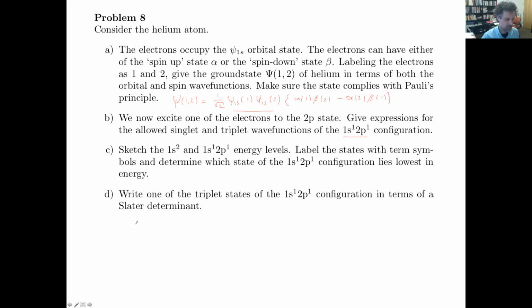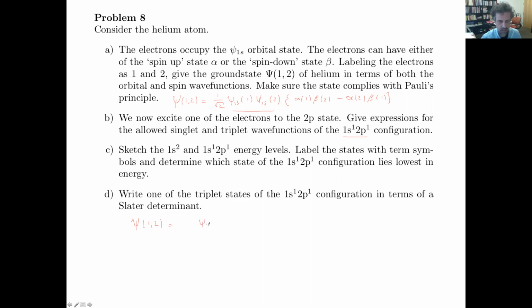Okay, so I'm going to start with the singlet wave function. What I know about the singlet is that the spin state is going to be antisymmetric. That means that the orbital state must be symmetric. And since I have two different orbitals that partake, namely a 1s and a 2p, I have to find the symmetric combination of these two.